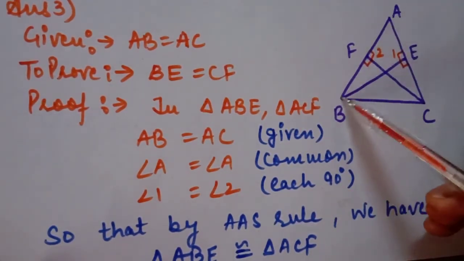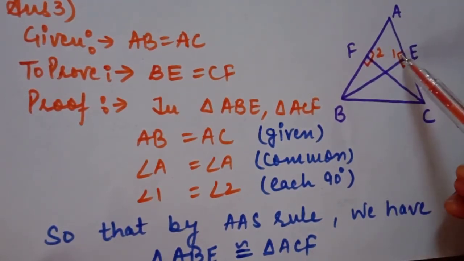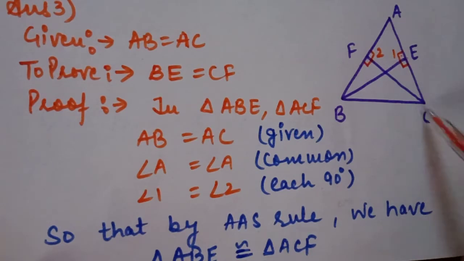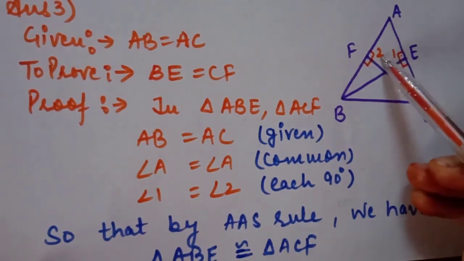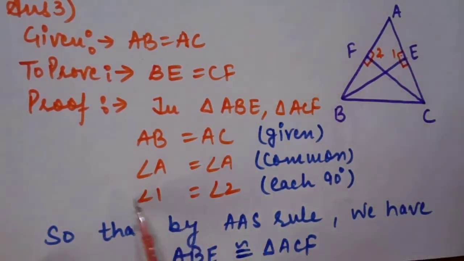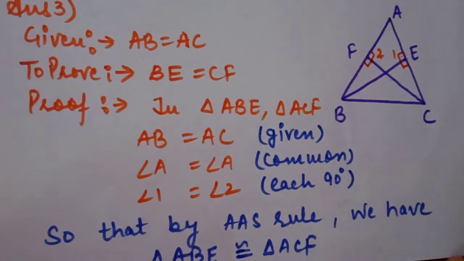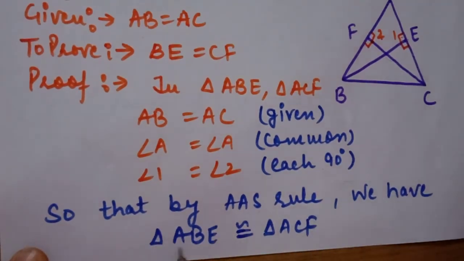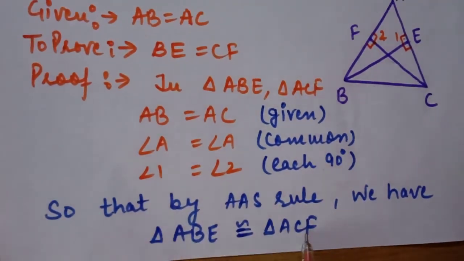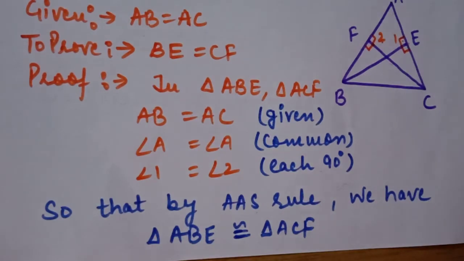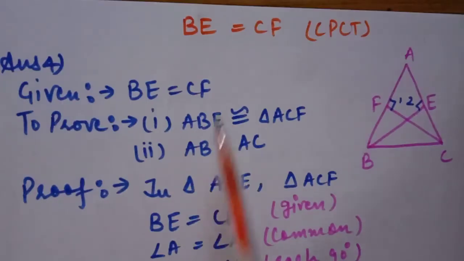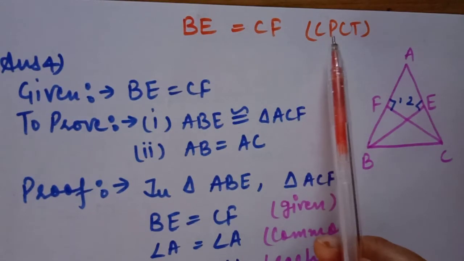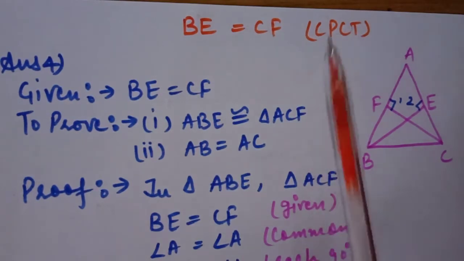In triangle ABE we have angle 1 here. In triangle ACF, we have angle 2 in it. They both are equal to each other, 90 degrees. So by AAS rule, triangle ABE and triangle ACF are congruent to each other. So BE and CF are equal to each other by CPCT.